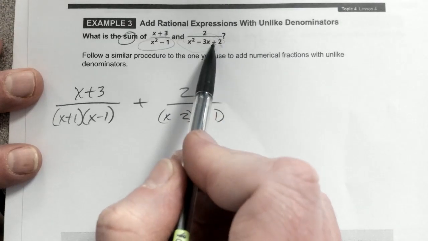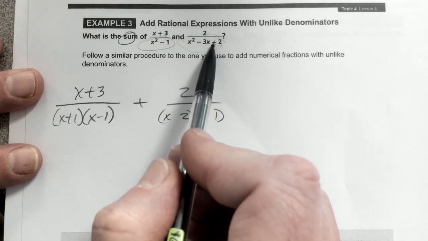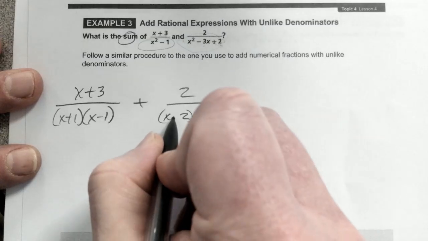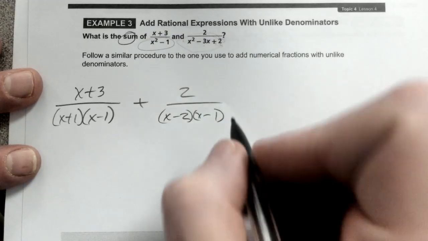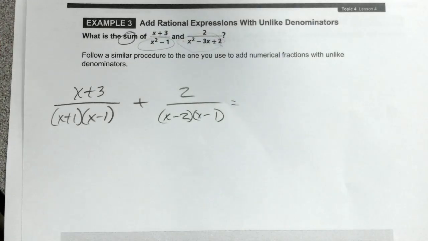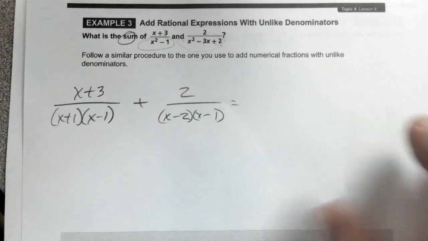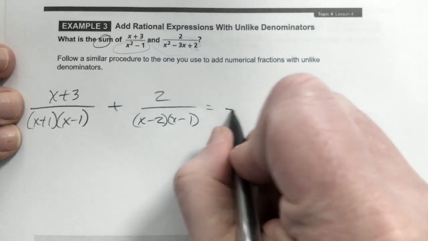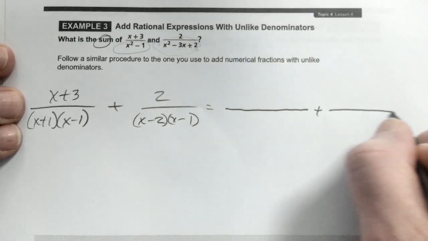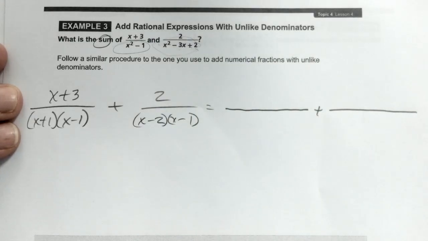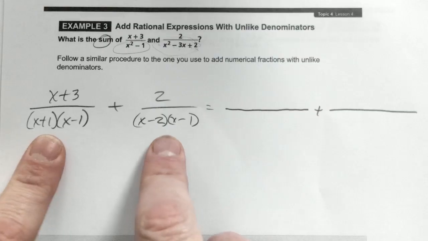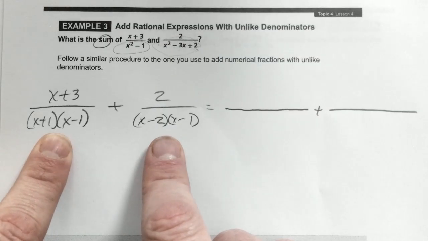Same sign or different? Same. They're the same, and they're both going to be minus. All right. Now, I'm going to set up my 2 fractions for common denominators. So I have something plus something. What factors do they share?